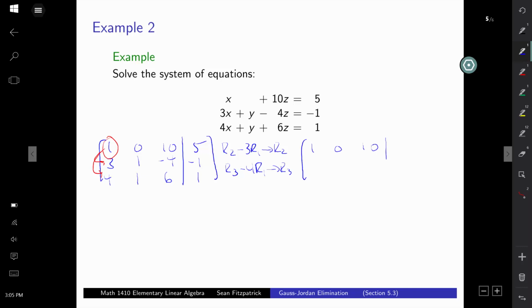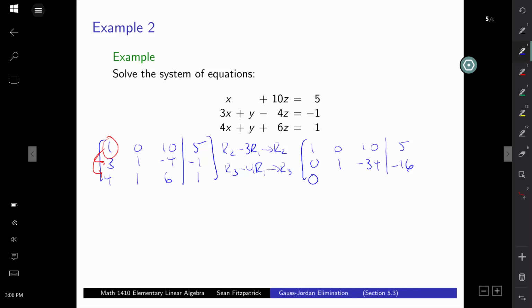Row 1 stays the same. 0, 1. The nice thing about that 0 in the second column is I don't have to worry about what goes on there. Minus 4 subtract 30, so minus 34. Okay, we can handle that. Minus 1 subtract 15, minus 16.